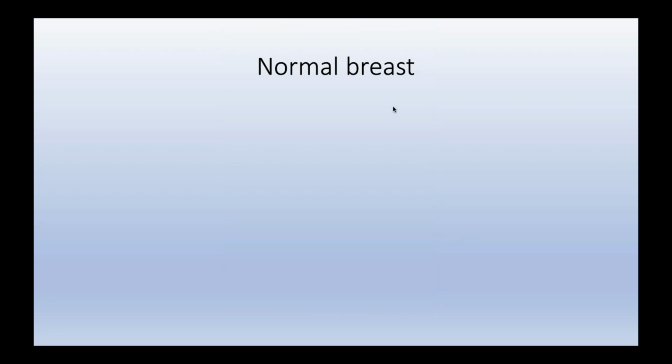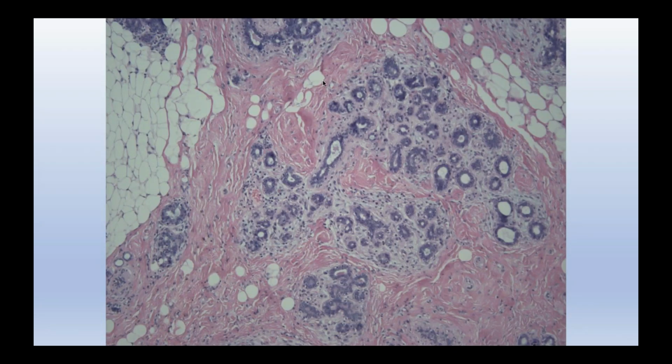Before we take a look at abnormal breast and early breast cancers, it's good to just show a picture of what normal breast looks like under the microscope. Here's a shot of normal breast tissue, and if you can see my cursor, I'm circling here what's called a lobule, and that's a collection of these small ducts.